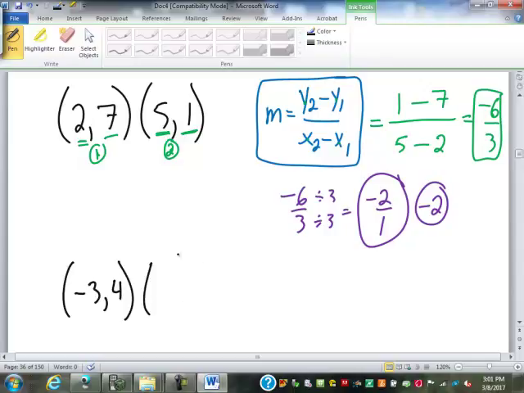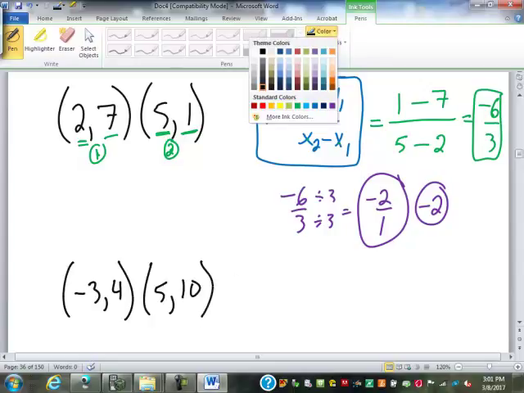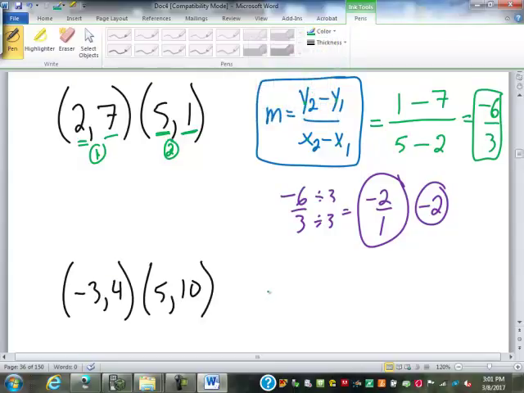So if I have negative 3, 4, and 5, 10, I want to find the slope again. So I'm going to label just point 1 and point 2 again, arbitrarily.